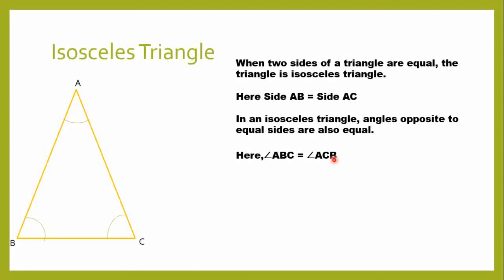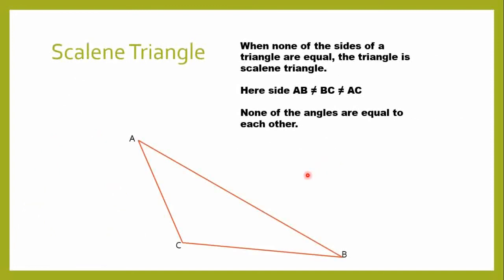So in an isosceles triangle, two sides are equal to each other, and hence two angles are also equal to each other. And then the final one is the scalene triangle, in which no side is equal to any side.